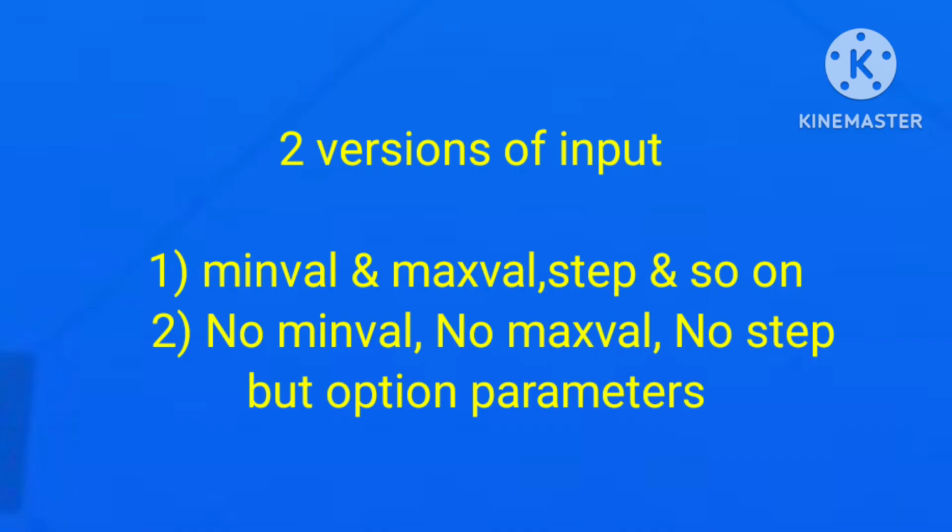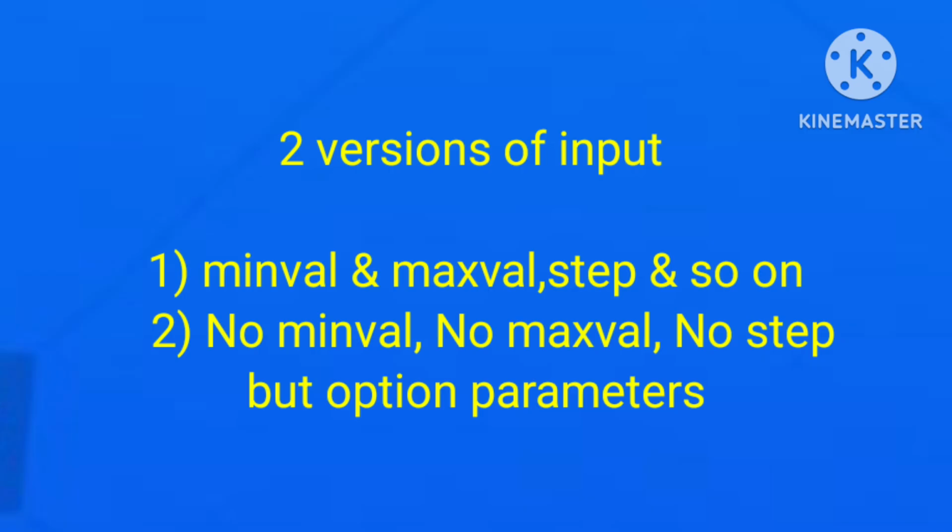You will notice here that we have two versions of input. As a user input function, the top one has the min val and max val, step and all of that. The second one has no min val, no max val, no step, but has an options parameter.